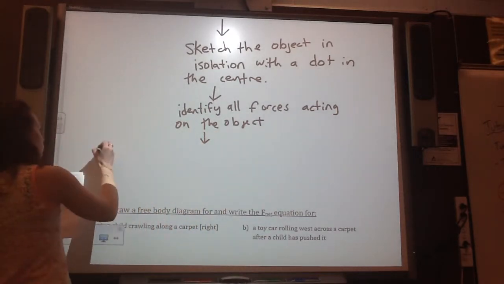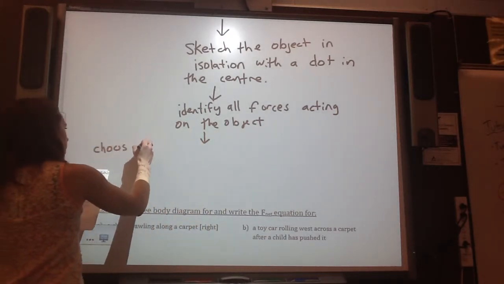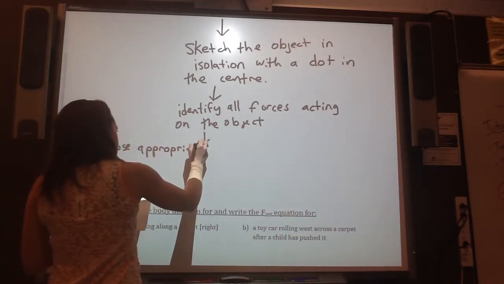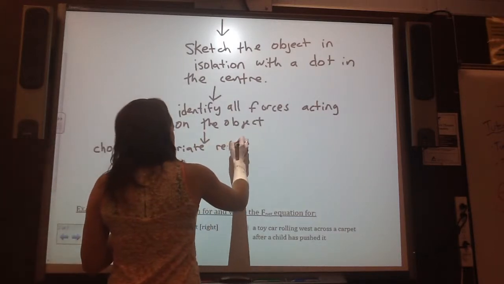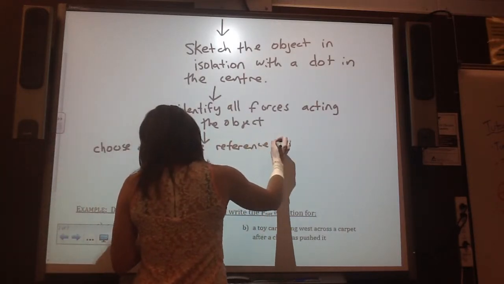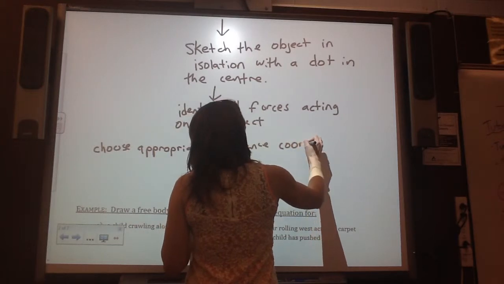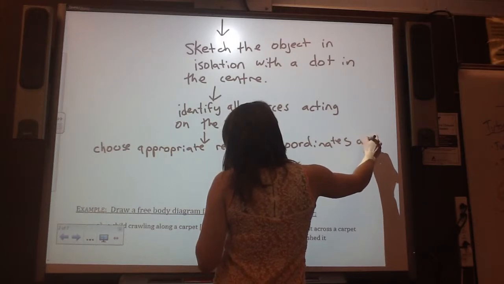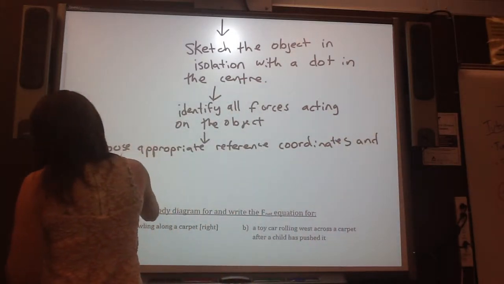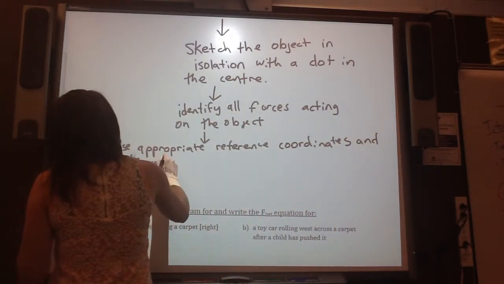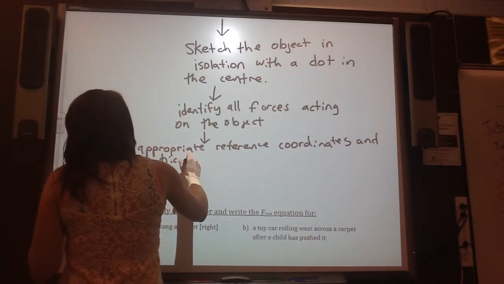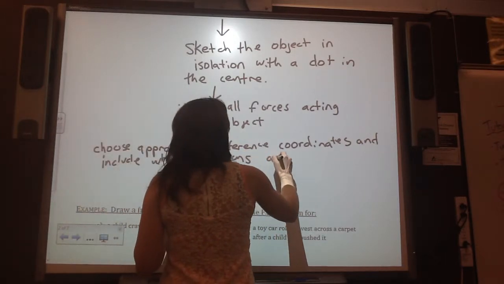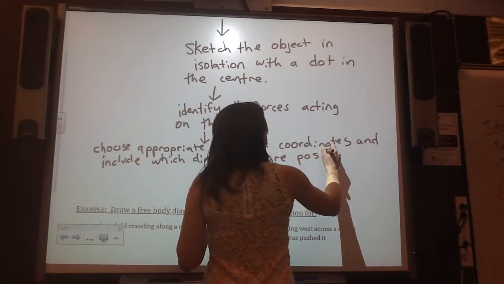Next, choose appropriate reference coordinates and include which directions are positive.